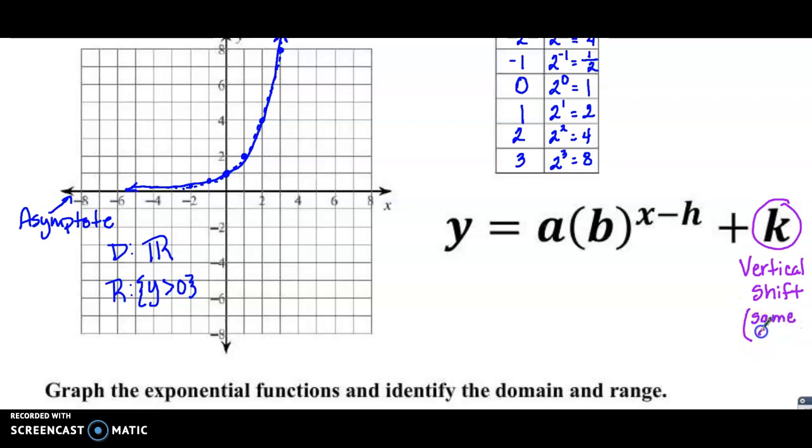If it's minus, it will go down. So it does exactly what you think that sign tells you to do, because we think of plus as being an up direction. Now, our h, notice, is attached, and it gives us our horizontal shift.